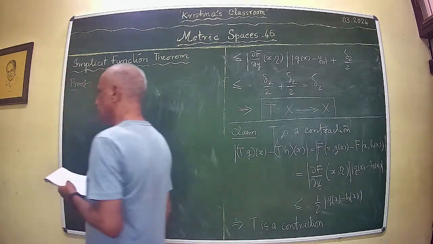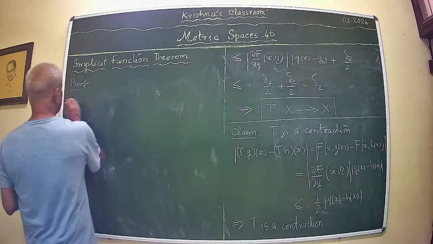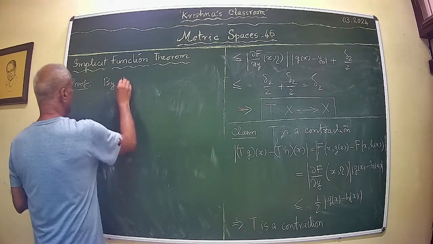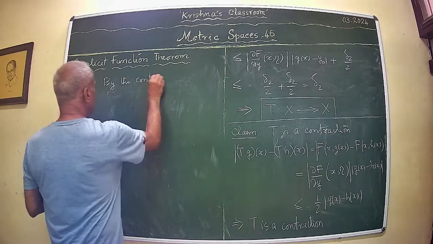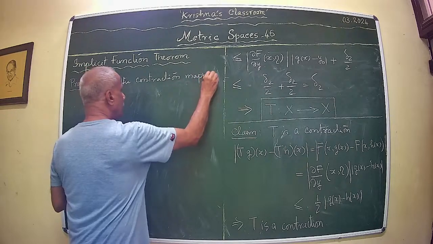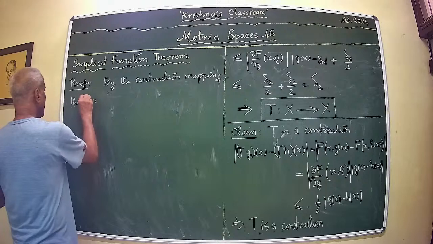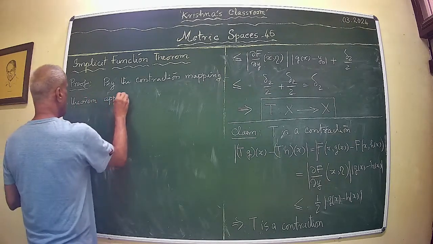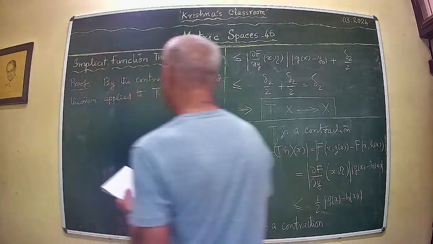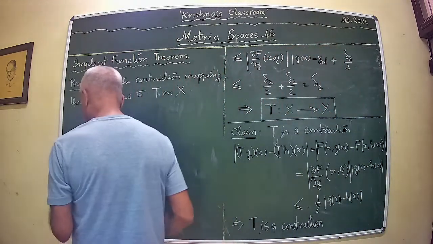So we can apply the contraction mapping theorem directly, or just give the steps for this. So by the contraction mapping theorem, because X is now a complete metric space, and therefore you can apply T.